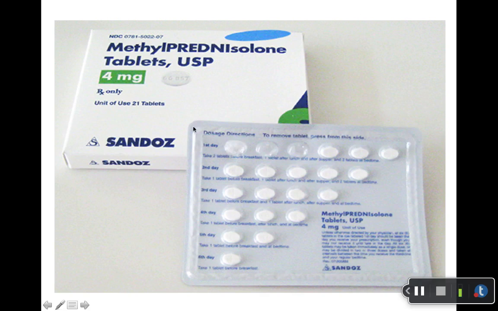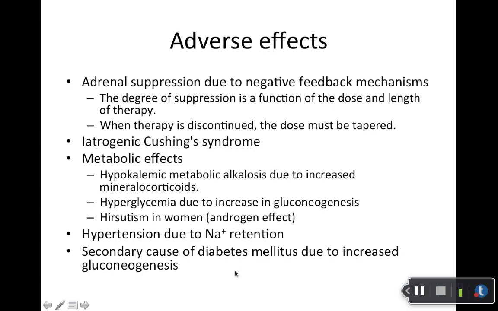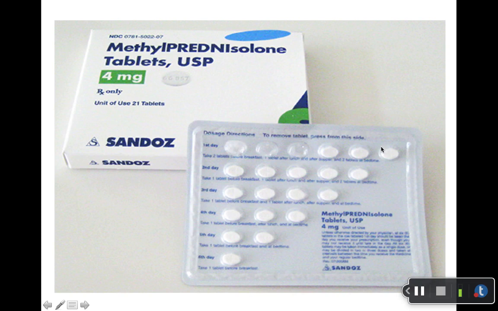So that's why I have this slide here. This is methylprednisolone. It shows that on day 1 you start with 6 tablets, day 2 you take 5, day 3 you take 4, etc. You slowly taper off, because you are discontinuing the exogenous supply of steroids, and you want to allow your body the ability to recoup.